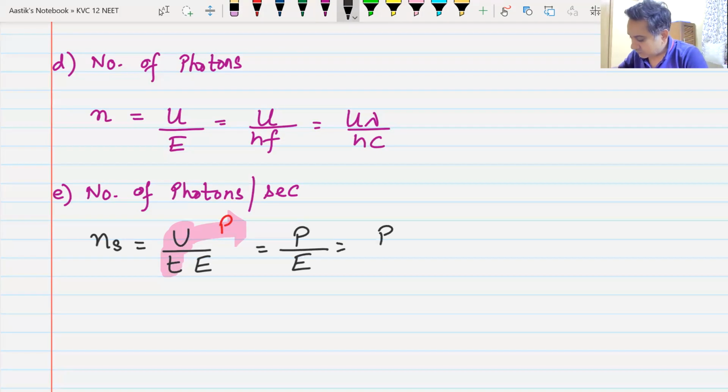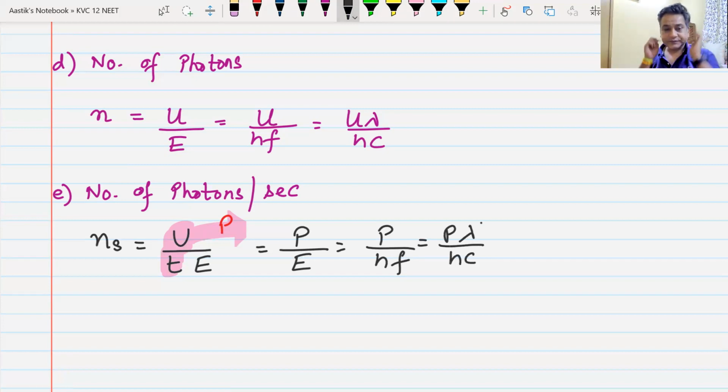You can now put this formula as P by hf. You can also put it as P into lambda by hc. Are you following me, everyone? Yes, sir. Okay. So this is number of photons per second.